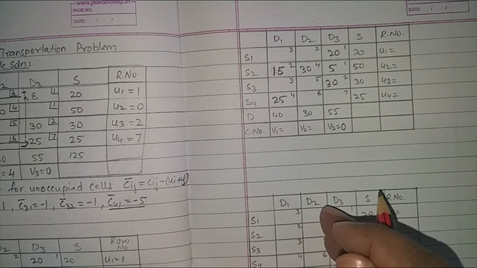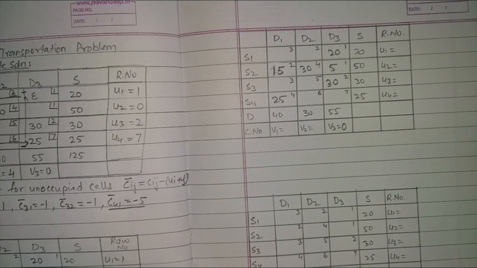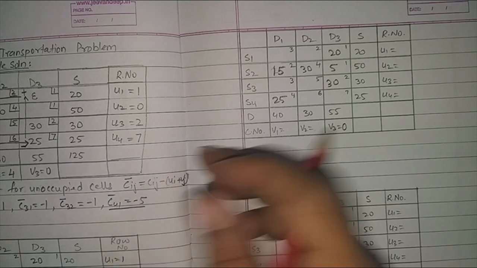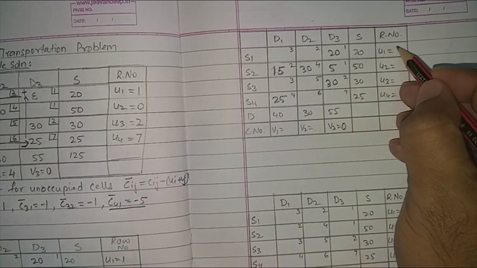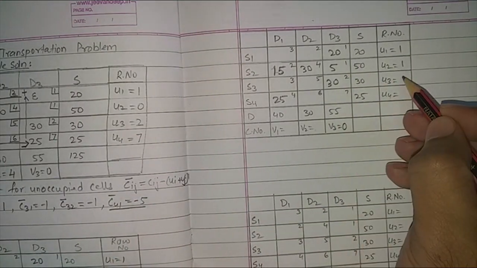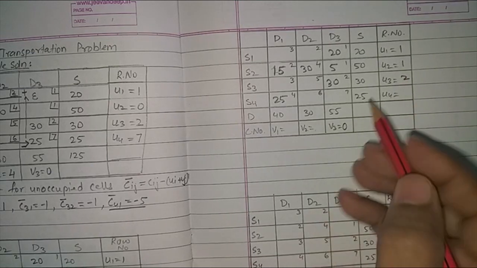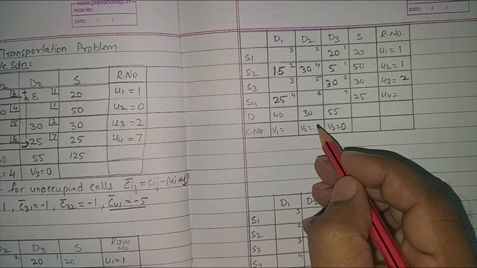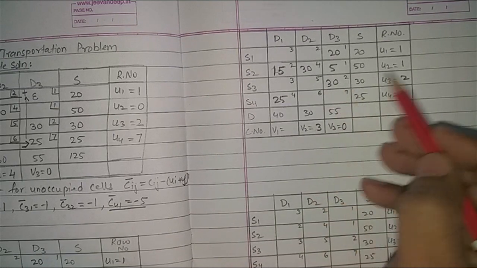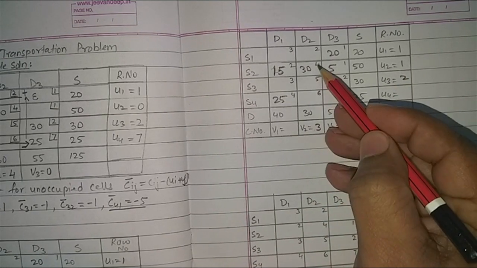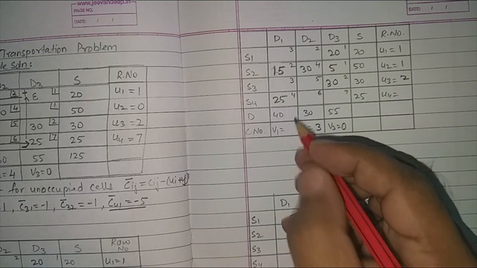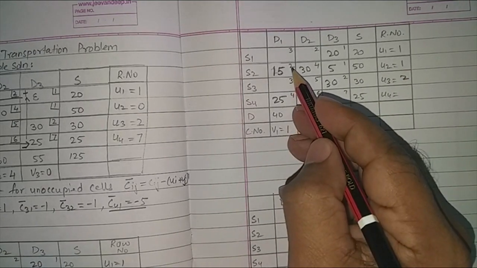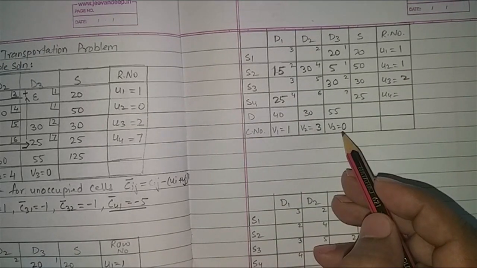So V3 gets a 0. Okay, and we have 1 here, we get 1 and 2. Okay, using this value of 1, I can calculate V2 will be 3. You can see 1 plus 3 gives me 4. 1 plus 1 will give me 2. Okay, so I've got all the V's.